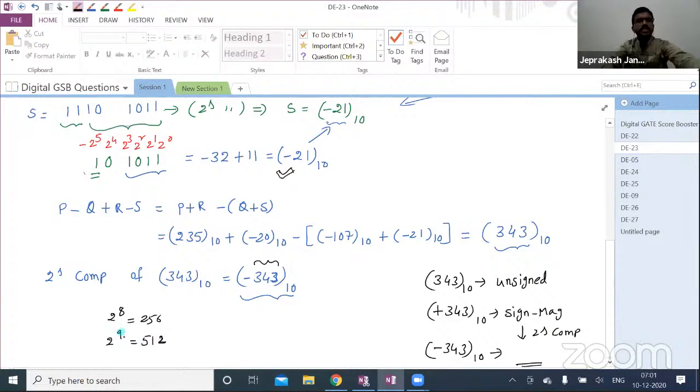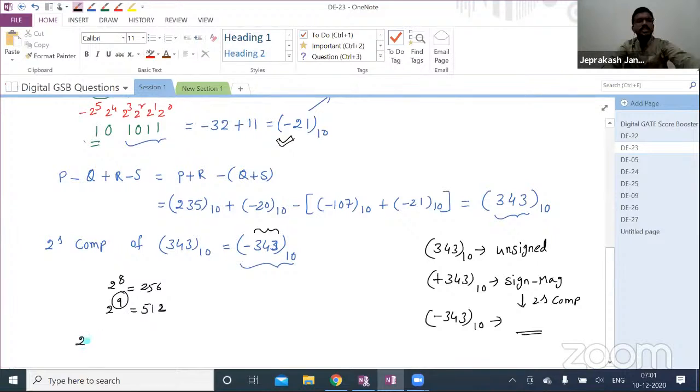2 power 9. So when you're having 6 bits, the positional weights are 2 power 0, 2 power 1, 2 square, like that up to 2 power 5, because we are starting from positional weight 2 power 0. Similarly, if you want to get 2 power 9, that positional weight I will consider minus, because the sign bit is 1.